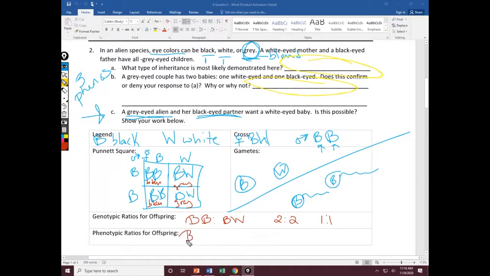Then I'm going to list them here as well, as well as the ratios that we have.